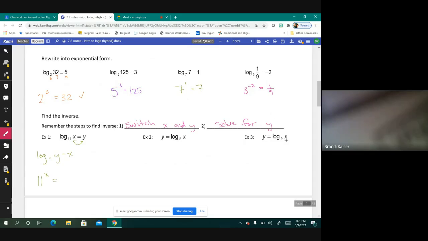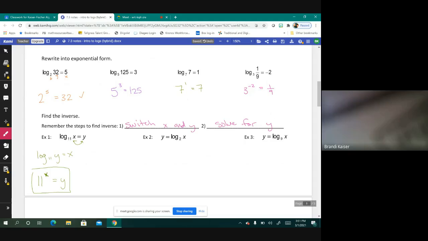And I would set that equal to the thing we're taking the log of, which is y. And if you notice, it says to solve for y. Well, the y is by itself, which means it's solved for. This is my inverse function. So this is just to kind of show you too, logs and exponentials should be inverses of each other. These are opposites or inverses.